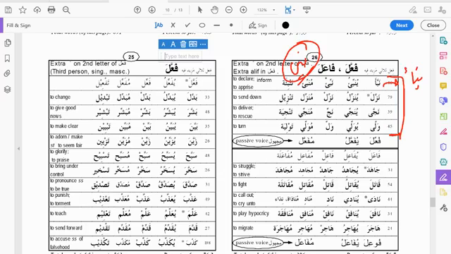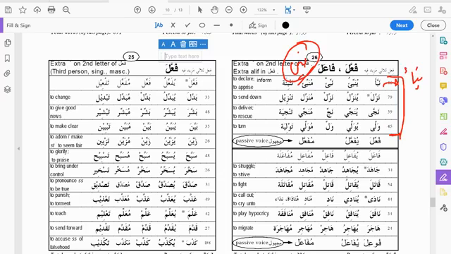Mujahad is different: mujahid is the person doing the actual effort, while mujahad is against whom, what the effort is done on. One is ism fa'il and one is ism maf'ul.